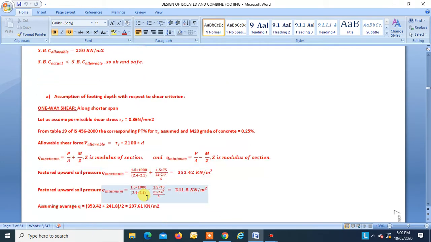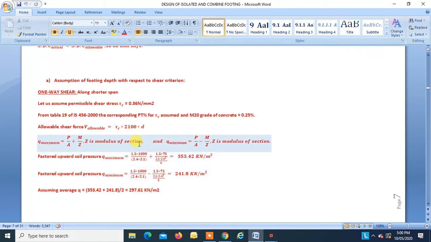Now, in case of footing, we don't provide shear reinforcement, right? So shear is the main criterion which governs the depth of the footing. So let us assume the depth of the footing with respect to the shear criterion.